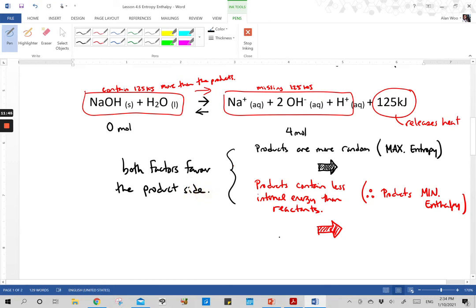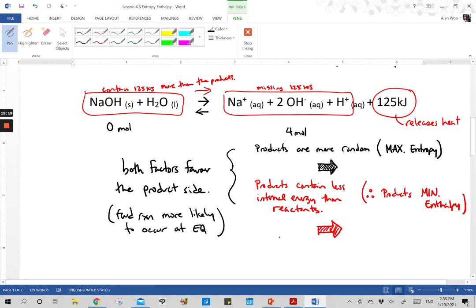So this reaction, the forward reaction, is more likely to occur than the reverse reaction. So forward reaction more likely to occur at equilibrium. Okay, so at equilibrium we can perhaps expect more products than reactants because of these two factors.